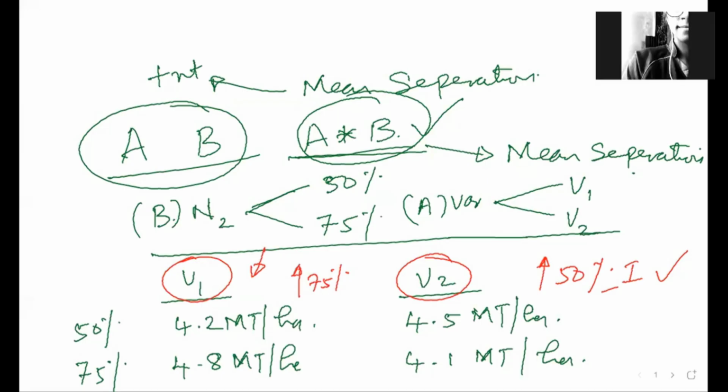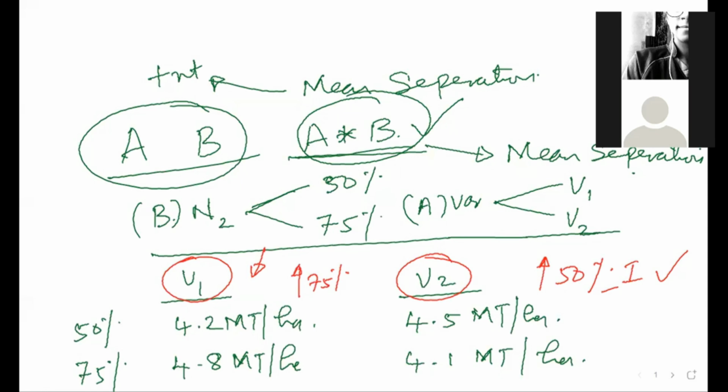Didn't I give you a homework? That is for split. It's RCBD. Variety and spacing for RCBD into factorial. Yeah, that is also factorial.